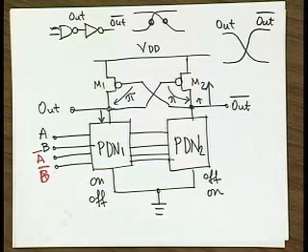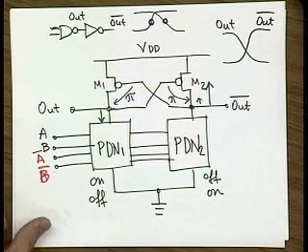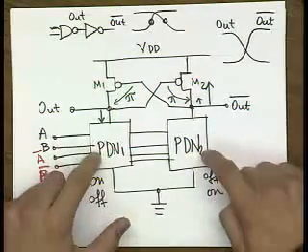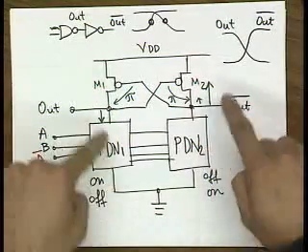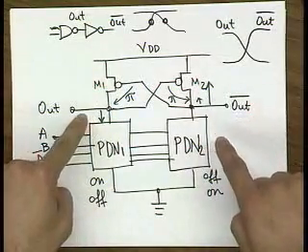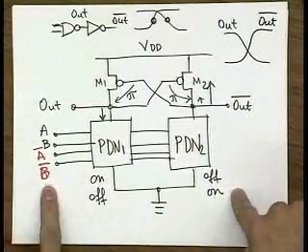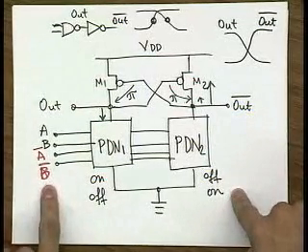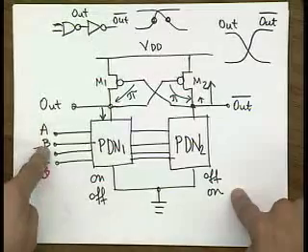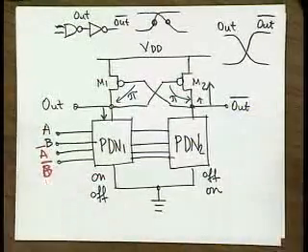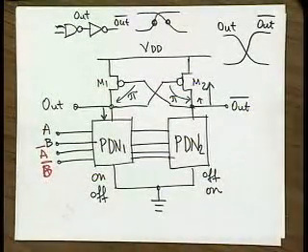So basically, what you have here is two pull-down networks, but you also have true and complementary functions at the same time. For that, you need to drive with signals, not only primary inputs, but also their complements.